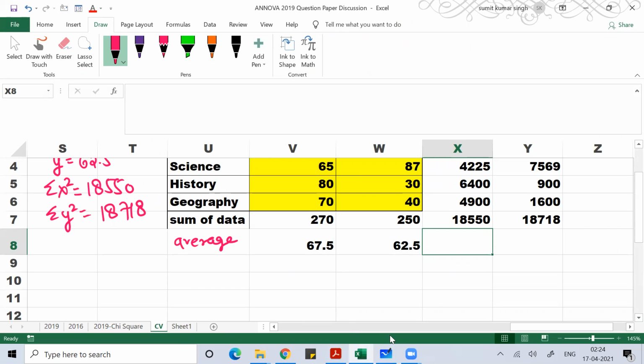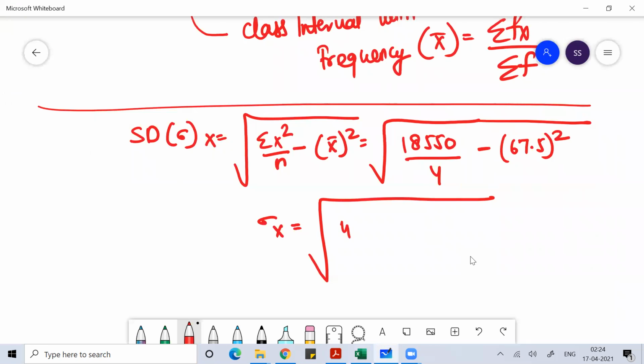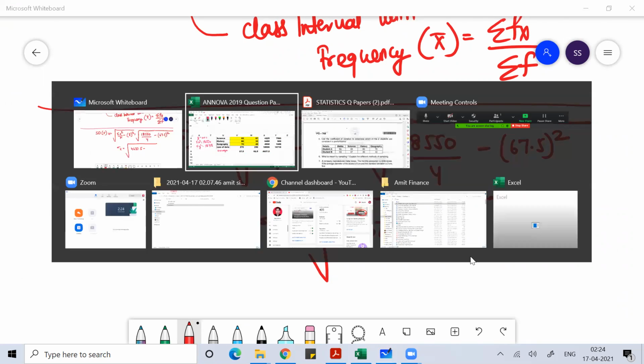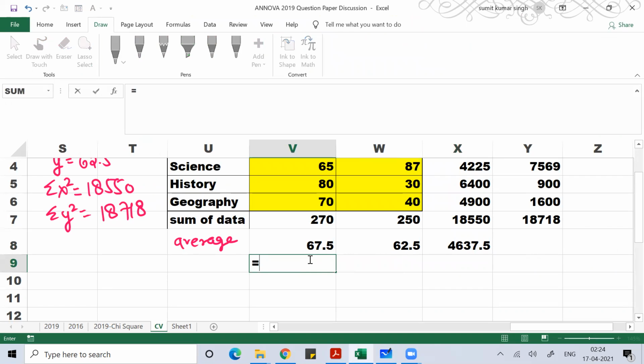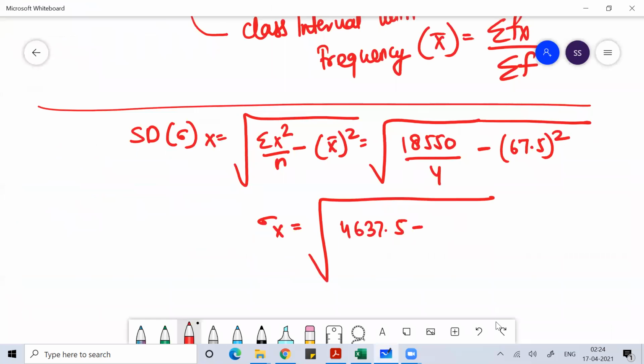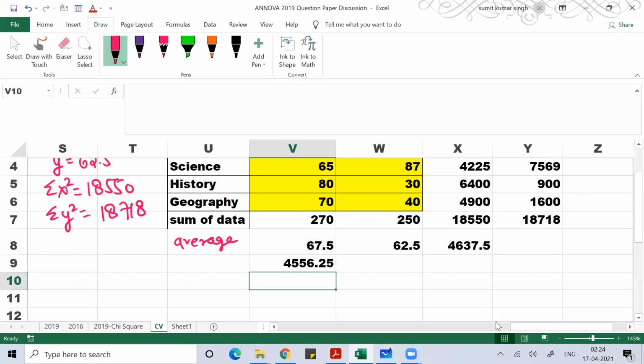So 18550 divided by 4 is 4637.5. 4637.5 minus 67.5 square, that is 4556.25. So we can do this.